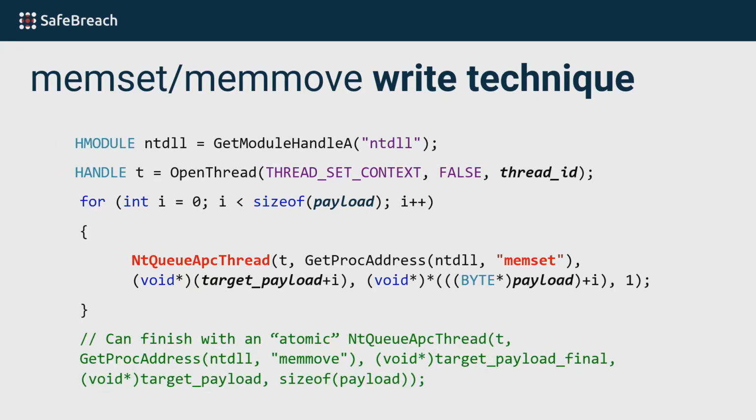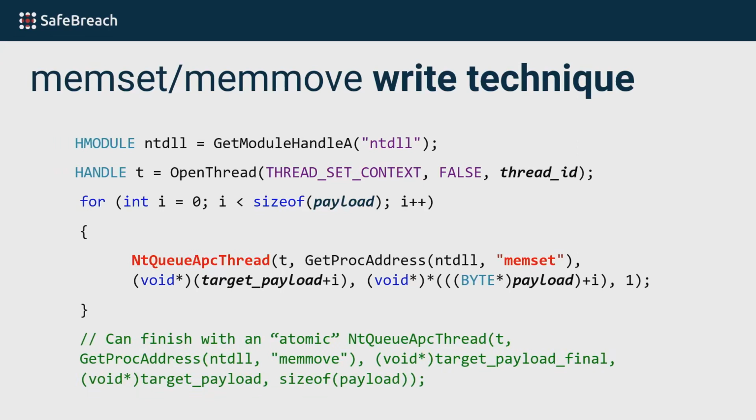Now remember, it can invoke a function with 3 arguments. Fortunately, memset uses exactly 3 arguments: the destination address, which we control, the 1 byte data, and the length, which for us, the useful length is 1. This way, we invoke memset once and write a single byte in any desired address in the target process. We can do a loop over and write whatever we like, and write arbitrary data to arbitrary memory locations in the target process.